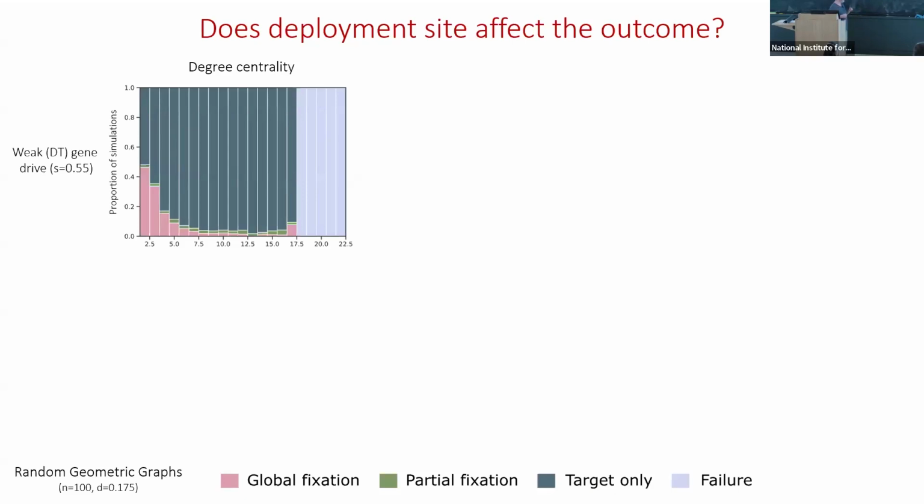And what we can see is that if we release the gene drive in nodes with very high degree, the gene drive is going to fail. If we release the gene drive in nodes with low degree, then it's possible that we're going to get fixation. But if we release the gene drive at the intermediate range of the degrees, it's very, very likely that we hit only our target, right? So this local centrality will tell us a lot about the outcome of the entire process.